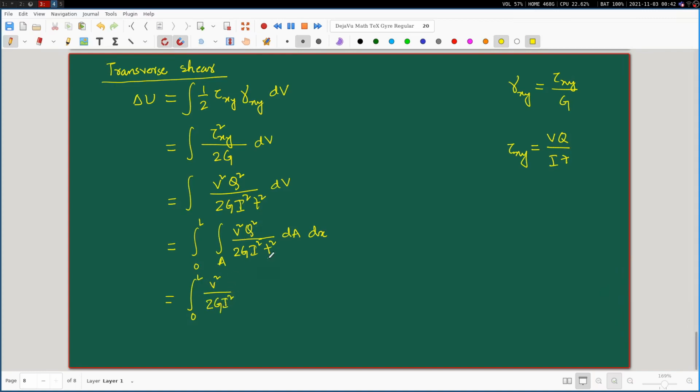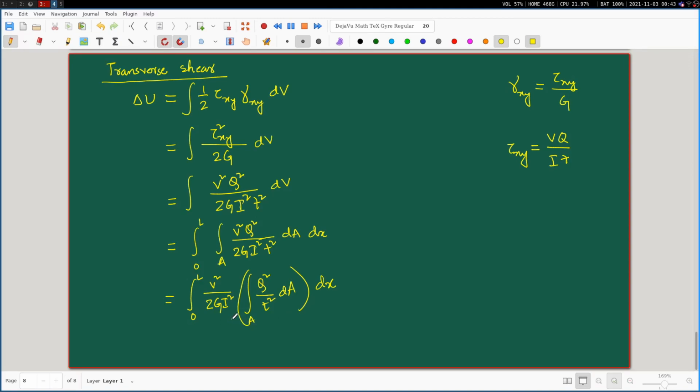I will keep the Q squared and the t squared within the dA, because as we consider different areas, the t may change and the Q may change, that you know very well. So Q squared by t squared dA, this is one integration, and then outside we have this dx. So this has become more complicated looking compared to this, but we are not done yet.